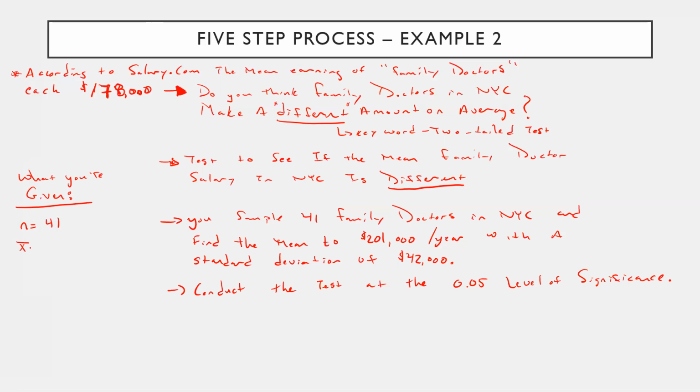What was the average salary of those doctors? 201,000. Yeah, you have to be careful with that one. And then the standard deviation was? 42,000. Yep. Okay. Do I give you alpha? Yes, 0.05. Yep. Okay. So that's what you're given.